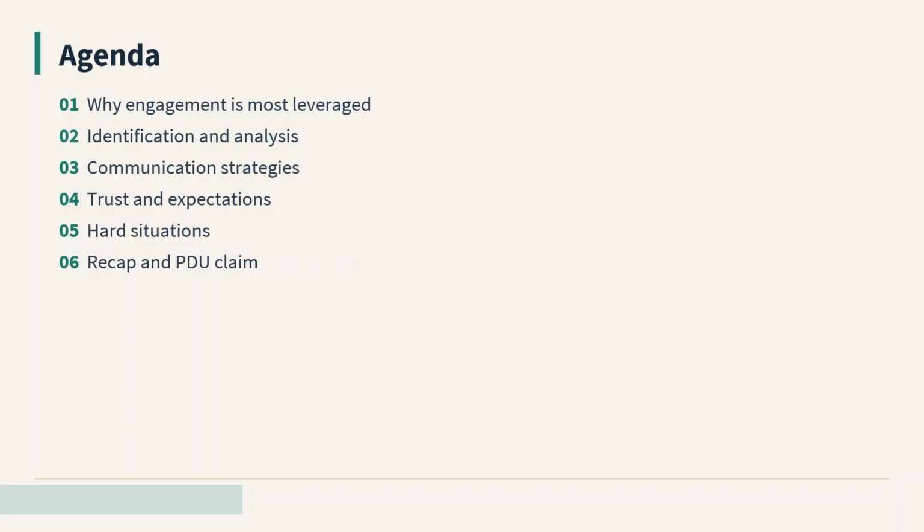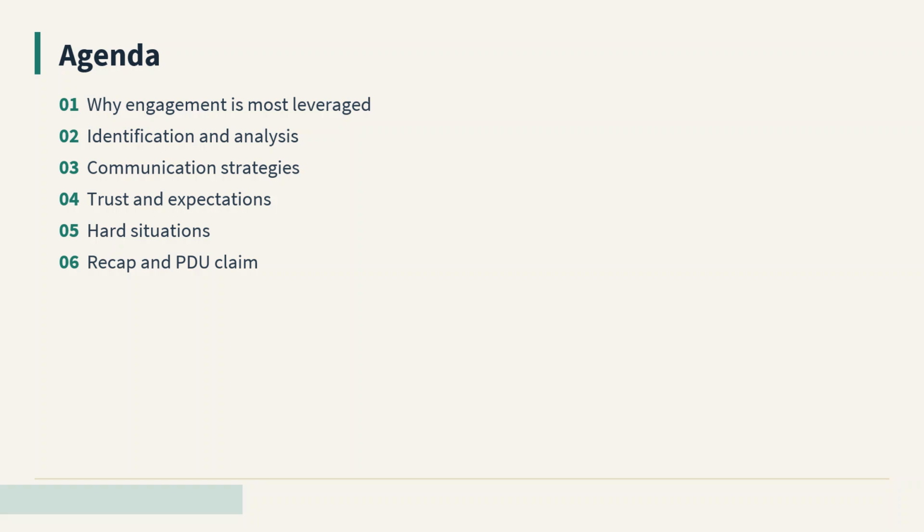Here's how we will spend our 2 hours together. Part 1 frames why stakeholder engagement is the most leveraged soft skill in the profession. Part 2 walks through identification and analysis, including the power and interest grid and the cast a wide net discipline. Part 3 covers communication strategies by stakeholder type, including the communication matrix.